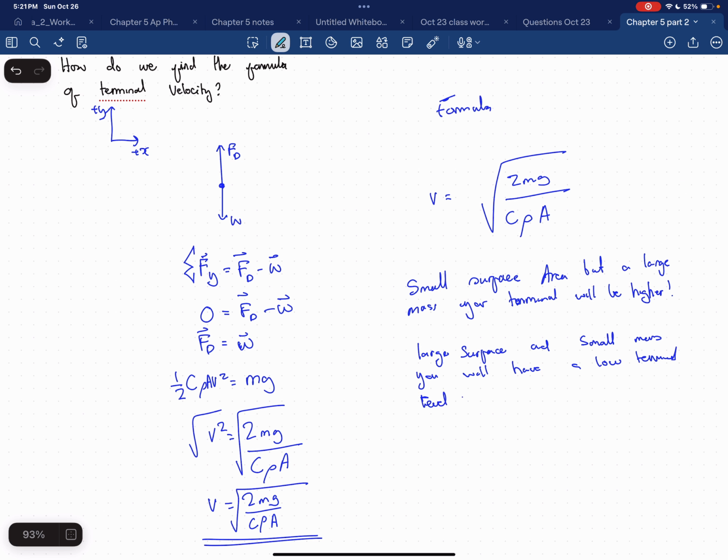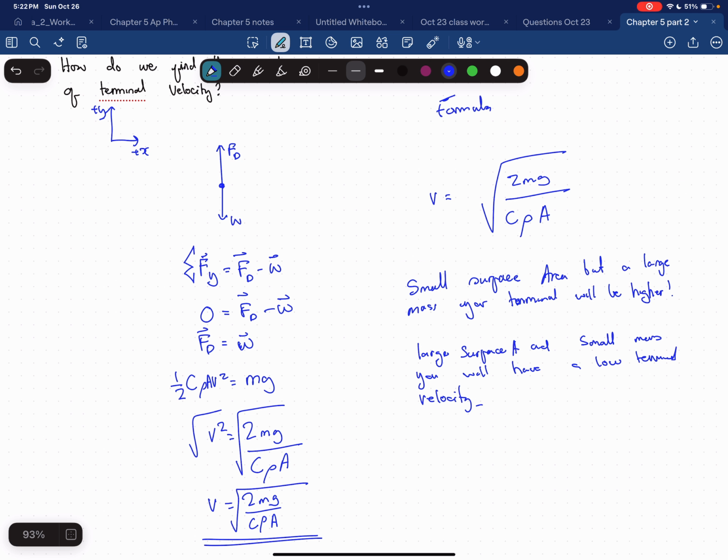A large surface area and a small mass, you have a low terminal velocity, so V terminal will be very low.